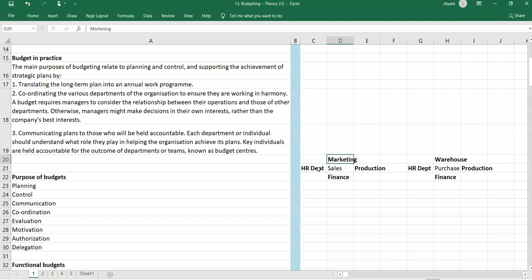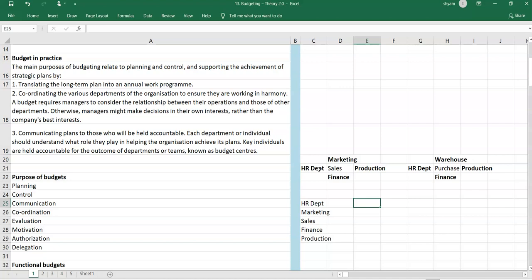For example, we'll just take these five departments and see what might be their goal. We'll take the HR department.